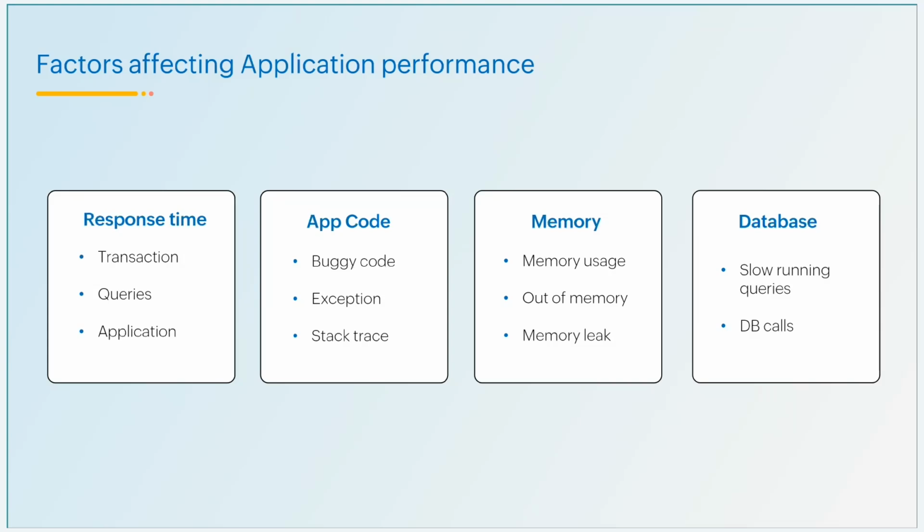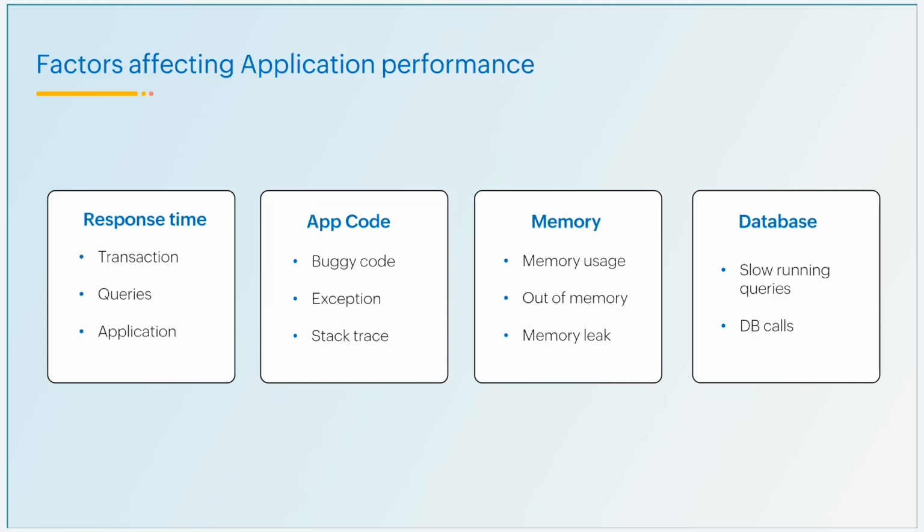So, when an error occurs, a stack trace provides the information about the sequence of function calls leading up to the error. So, analyzing these stack traces will help in identifying the sources of performance issues.